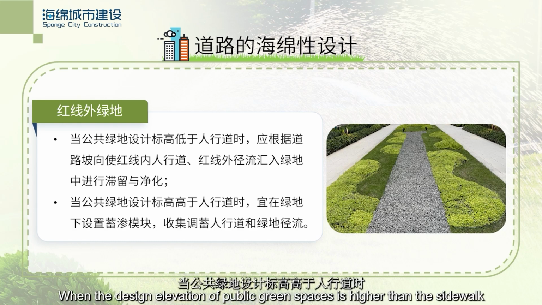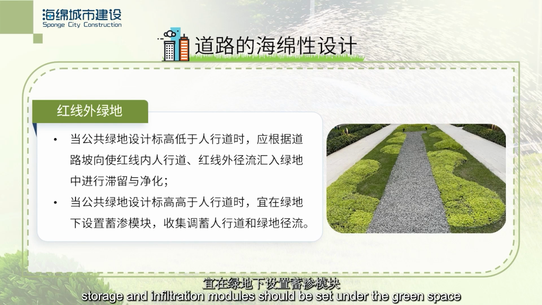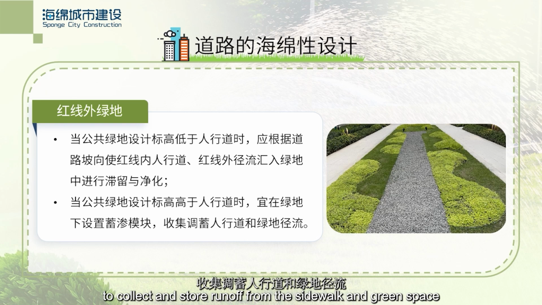When the design elevation of public green spaces is higher than the sidewalk, storage and infiltration modules should be set under the green space to collect and store runoff from the sidewalk and green space.